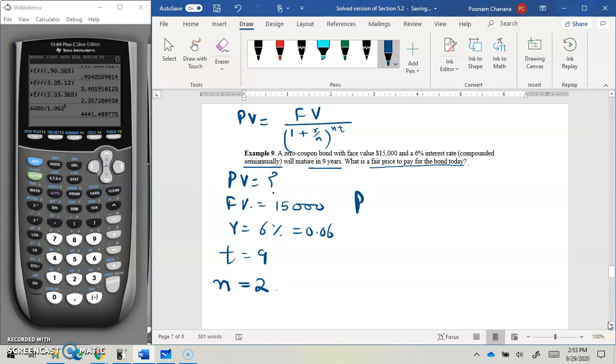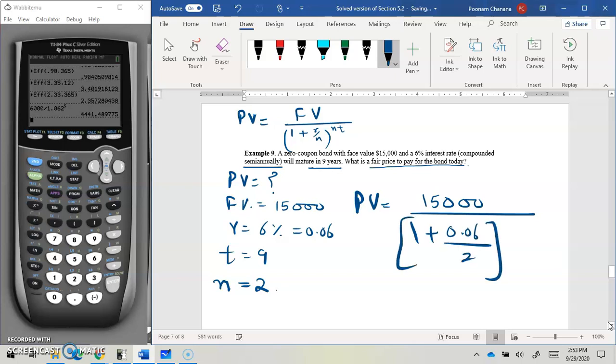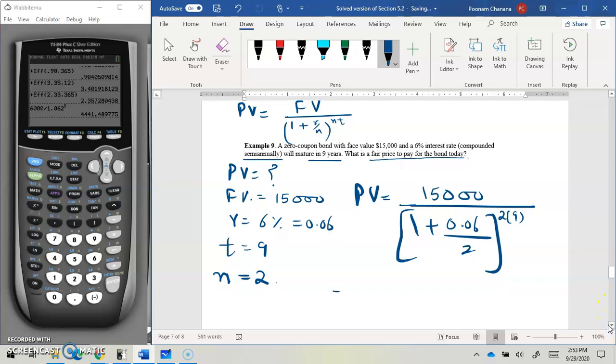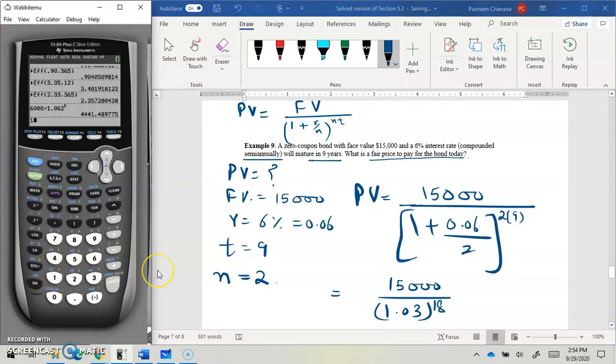Everything is given on the right hand side. We can find the present value, which will be equal to 15,000 divided by (1 plus 0.06 divided by 2) raised to the power nt, so 2 times 9. You can use the calculator. That would be 15,000 divided by 1.03 raised to the power 18.